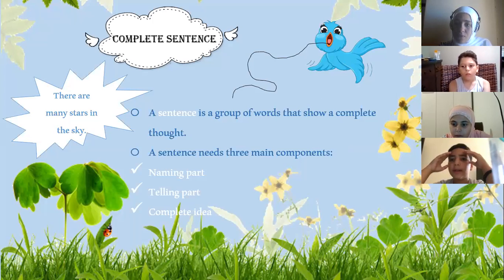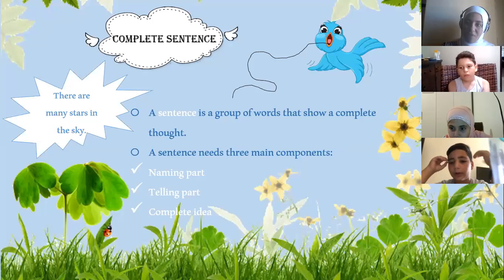The complete sentence has the naming part, the telling part, and a complete idea. Okay, but what about the fragment? The fragment doesn't have a naming part. Or maybe it doesn't have another part. Yes, so one of these parts is missing.